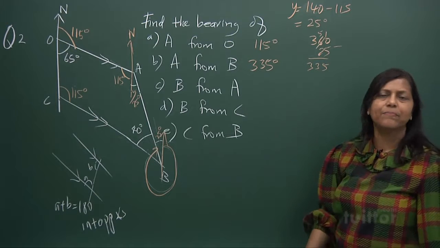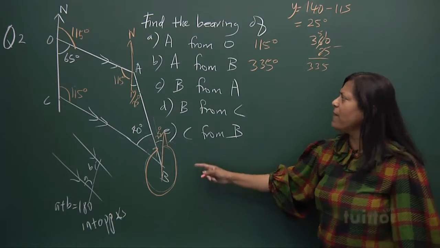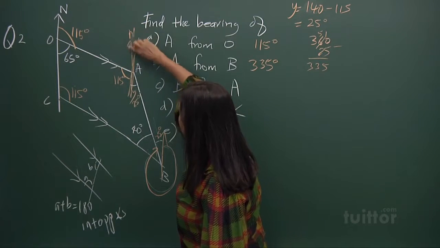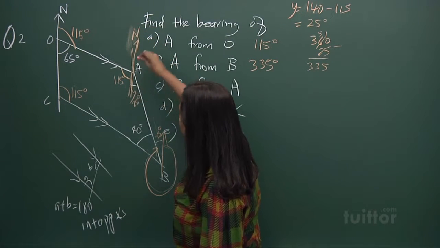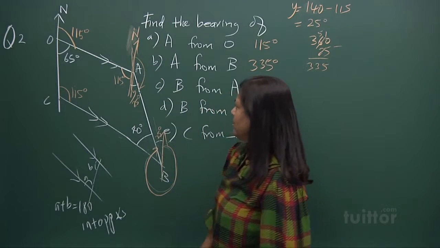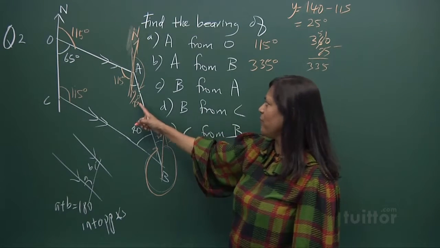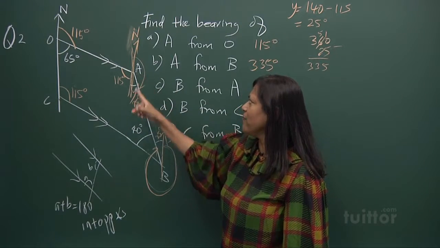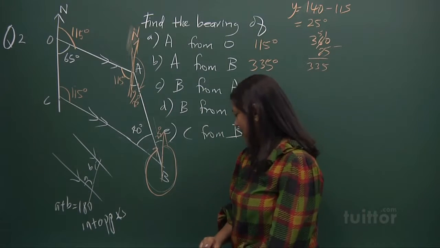335 degrees. Now I ask you, what's the bearing of B from A? You've got to look, this is A. Alright, actually it's not my north. That's north. The bearing of B from A will be this angle. And how do you find that out? Alright, you know this is 25 and this is a straight line. If this is 25, what's that? 180 minus 25.